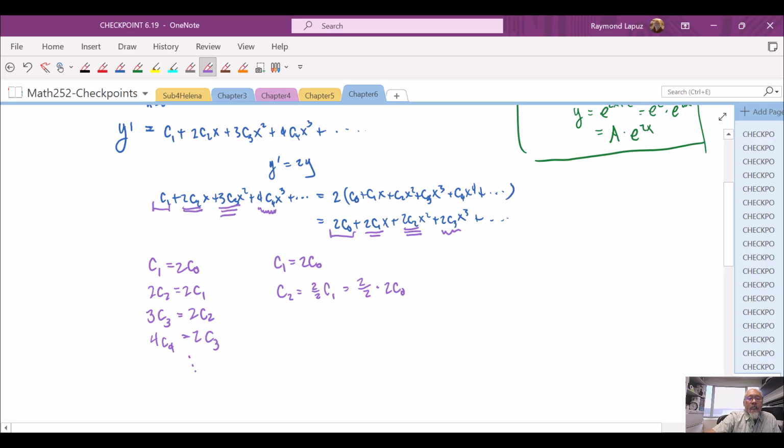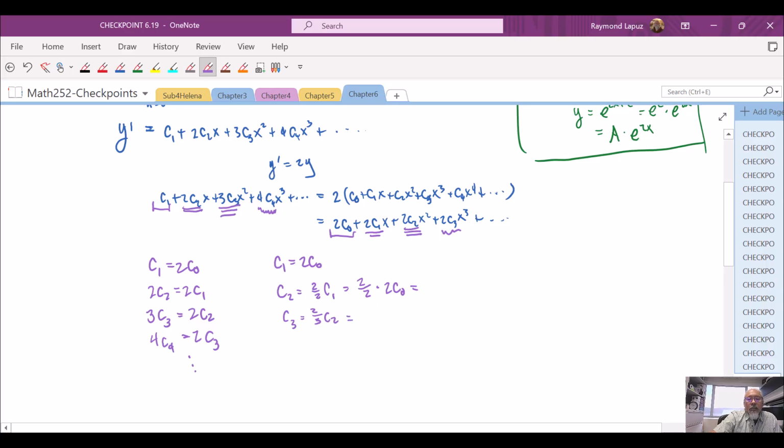Now this is c2, and I see a bunch of 2's here, but I'm going to hold off on trying to figure out what the pattern is until I do maybe one or two more. Now I will have c3 is equal to 2 over 3 c2, so that's getting c3 by itself.